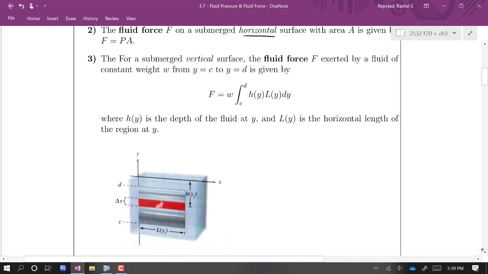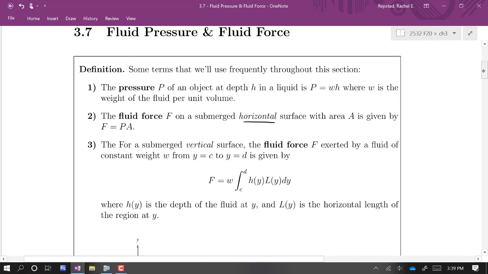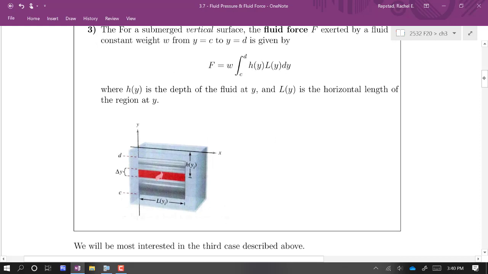Now this really is just an application of the second formula, because if you imagine we're looking at this submerged vertical surface here in the figure, we say let's take a little slice. That's the little red rectangle here. We're saying let's take a really small piece of this, and it's going to be so small, we're just going to think of it as being all at the same depth.